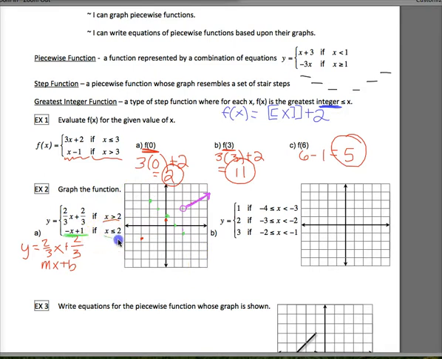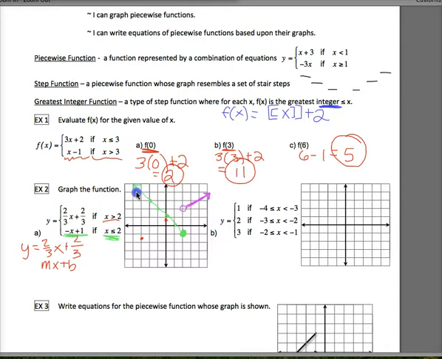However, again, my constraint, my restriction, says I only want the part that's less than or equal to 2 for my x values. So, conveniently, that's kind of where I stopped. Right here is where x is 2. Now that one has an equals, so that means it's a closed circle. So closed circle there, and I want everything where x is less than that, which is going to be all of this.